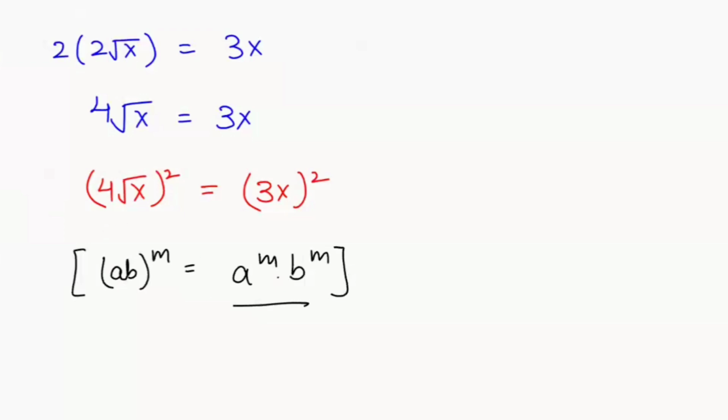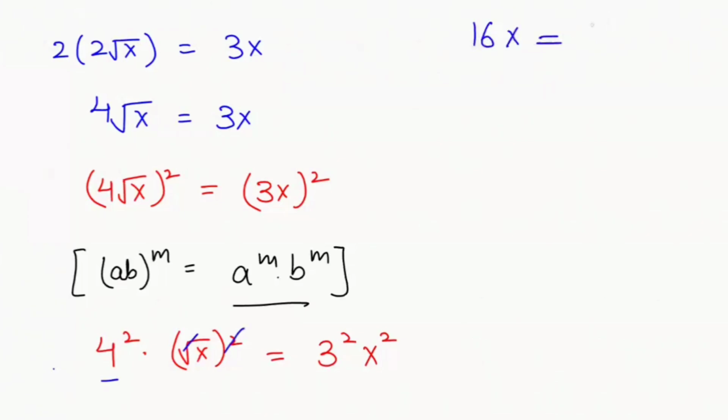So the equation we will get is 4 to the power of 2 times (root of x) whole to the power of 2 is equal to 3 to the power of 2 and x squared. Now here the square and the root get cancelled, and this will turn to 4 times 4 is equal to 16. And here we get only x is equal to 3 times 3 is equal to 9 and x squared.